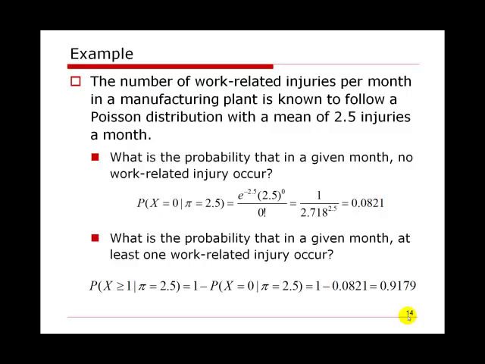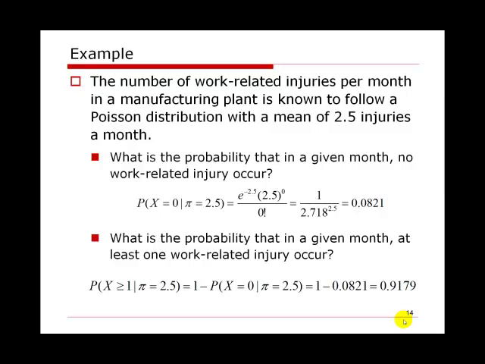We substitute the 2 numbers into the formula and get a probability of 0.0821. Which means, given a Poisson distribution with a mean of 2.5 injuries a month, the probability that no work-related injury occurs in a given month is just 0.0821.